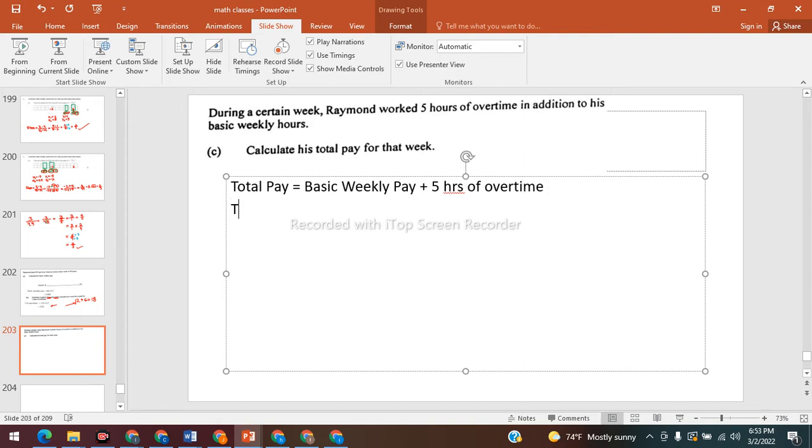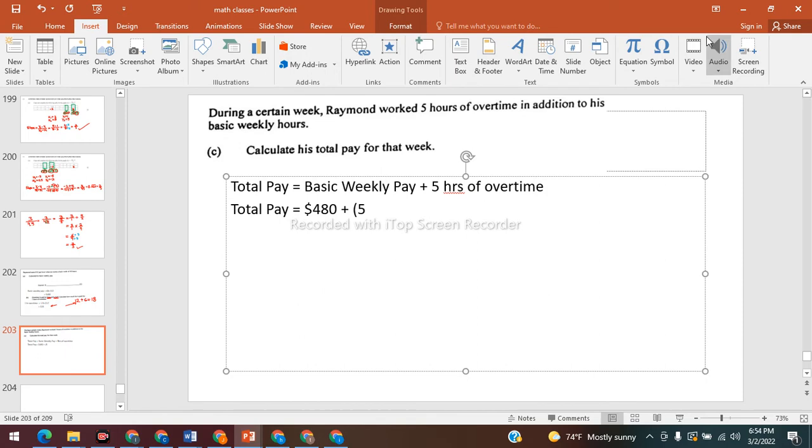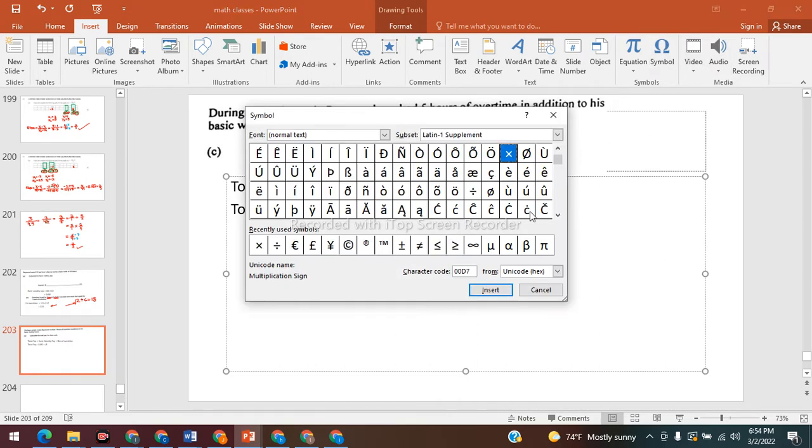So total pay is going to be equal to, what is his basic weekly pay? 480. And how many hours of overtime did he work? 5. And how much does he get paid per hour? 18. So you had the times there. Yes, we have the times, very good.